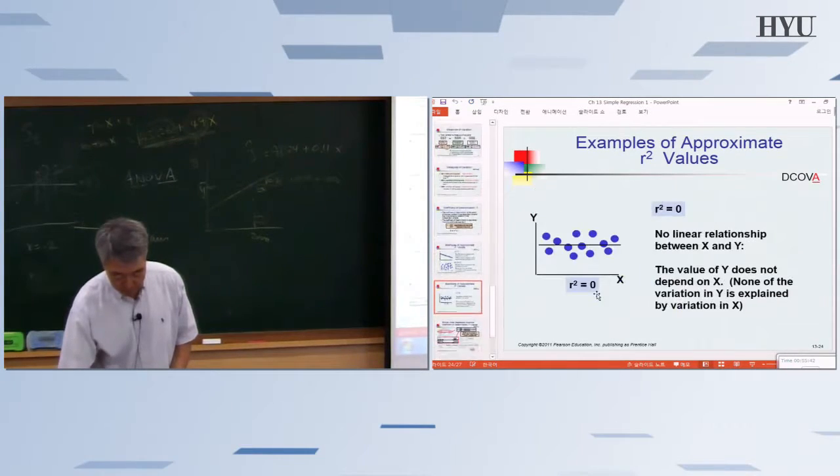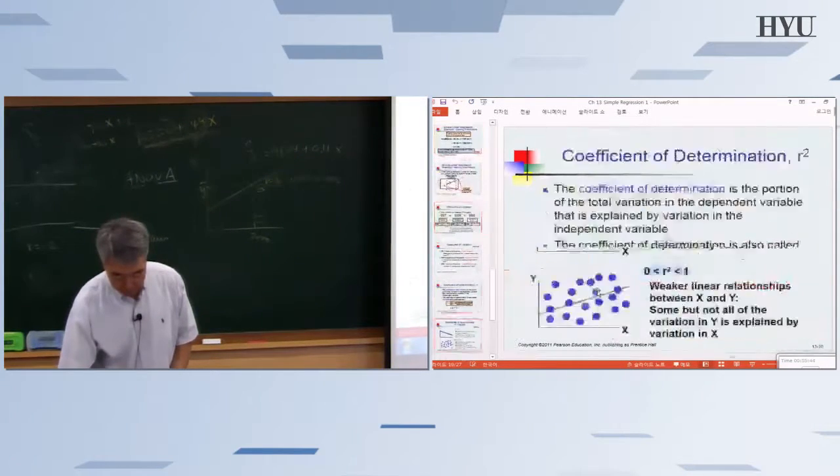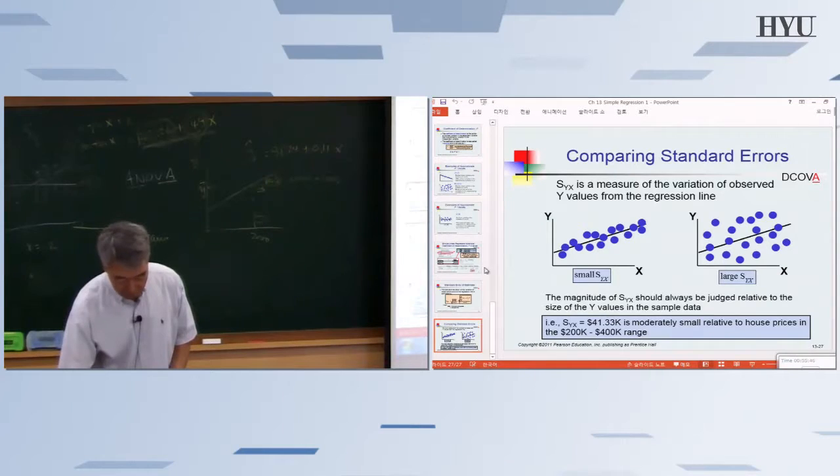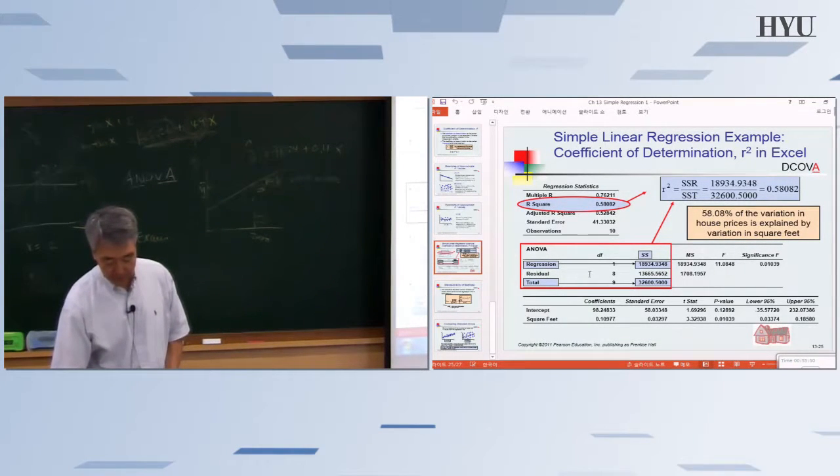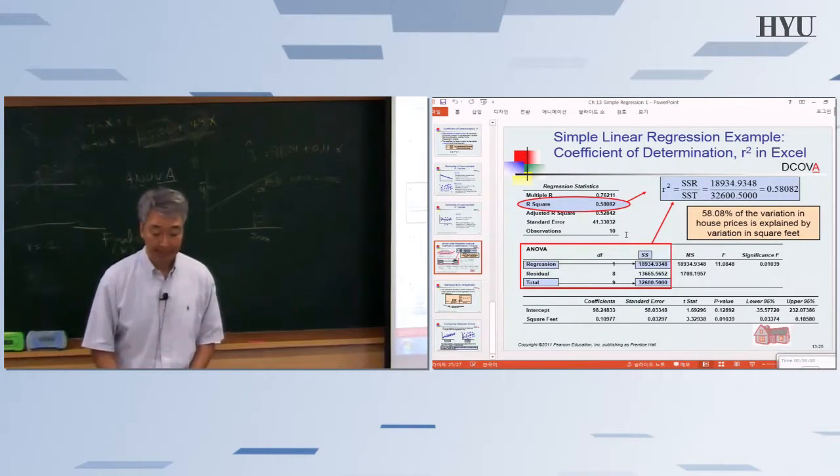Okay, where's that printout? Here. You see degrees of freedom here? Degrees of freedom for regression is 1, residual 8, total degrees of freedom is 9. And in this example, we had 10 observations, so n is 10.